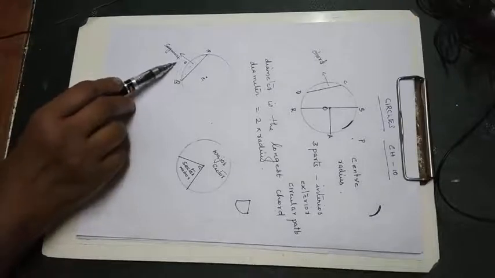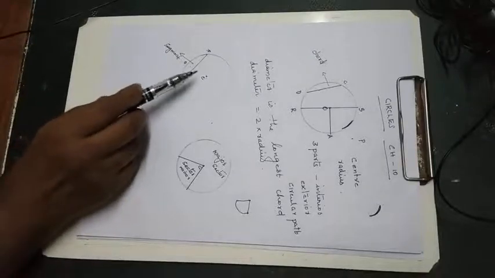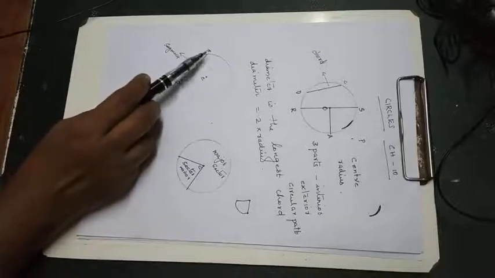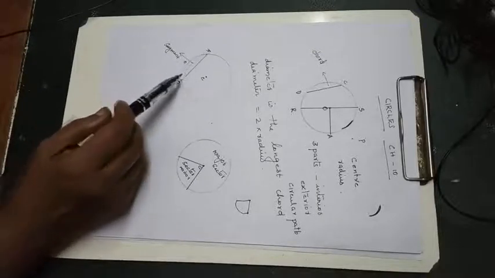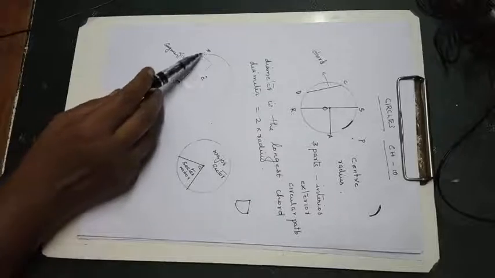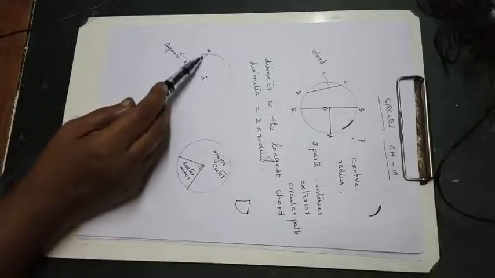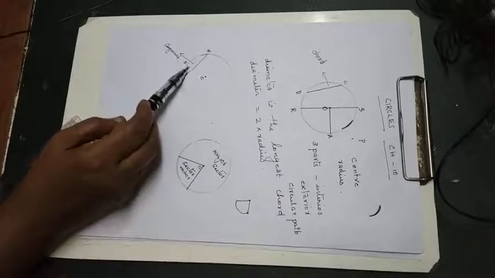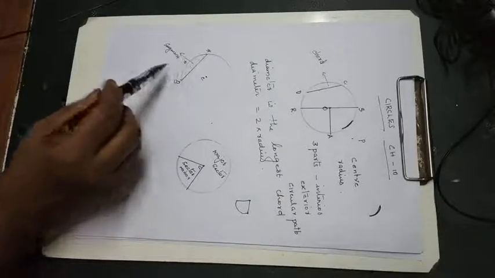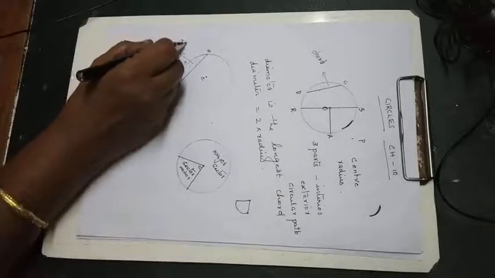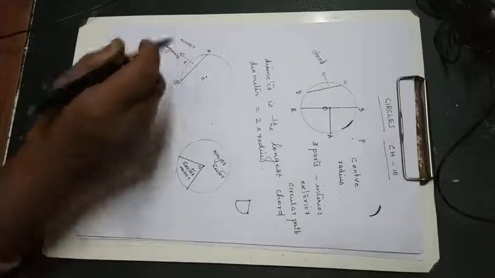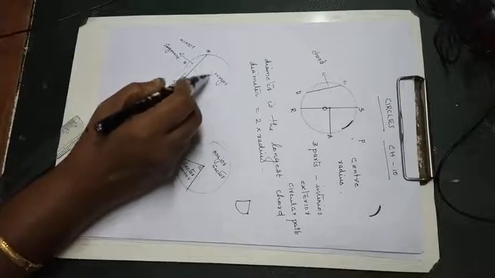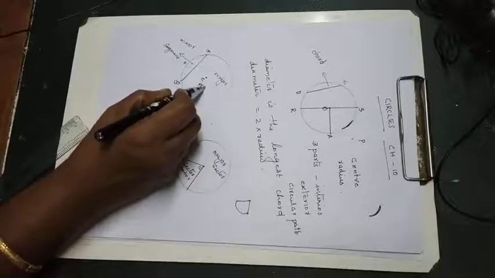Then comes segment. If we have taken a circle and drawn a chord AB, the portion covering the chord and the part of the circle is called a segment. Here it is the smaller one, so we can call it the minor segment, and this part we can call the major segment.